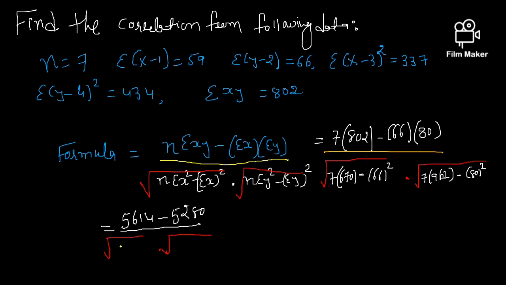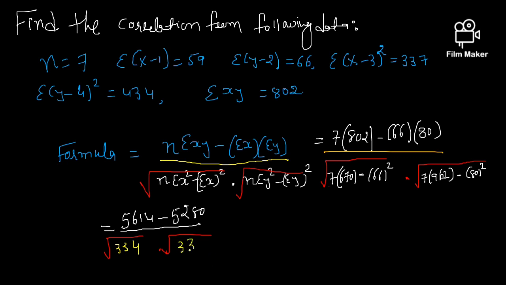And similarly the second under root, 962 into 7 minus 80 square, that is also 334.